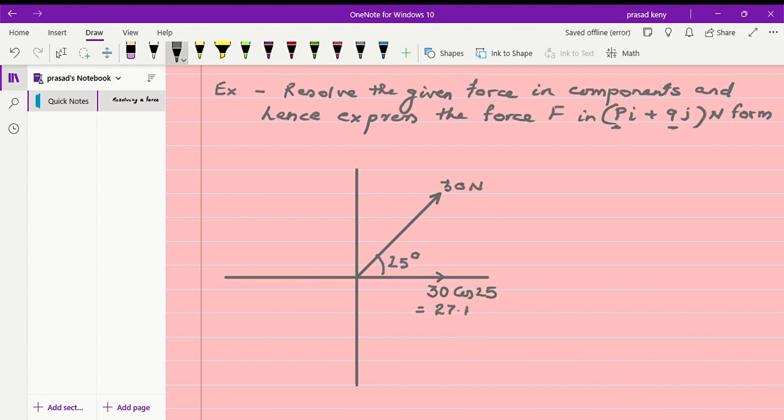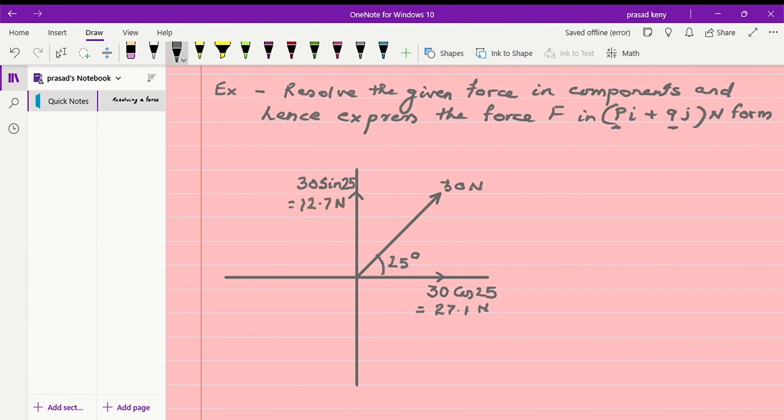So the x component will be 30 cos 25, which is 27.1 Newton. And in the same quadrant, perpendicular to the cos, that means in positive y direction, there will be a sine component. And that is equal to 12.7 Newton.